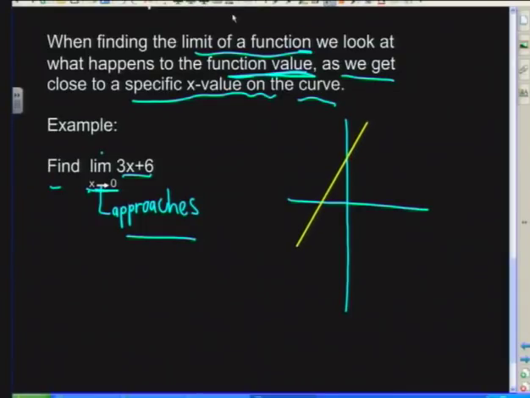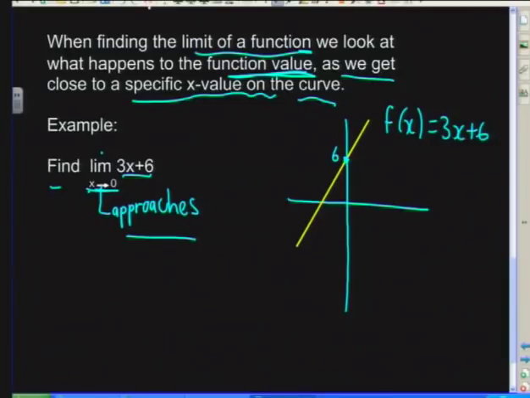And we've got a straight line graph. 3x plus 6 is a straight line. So this is f of x is equal to 3x plus 6. And the y-intercept of this graph is 6.